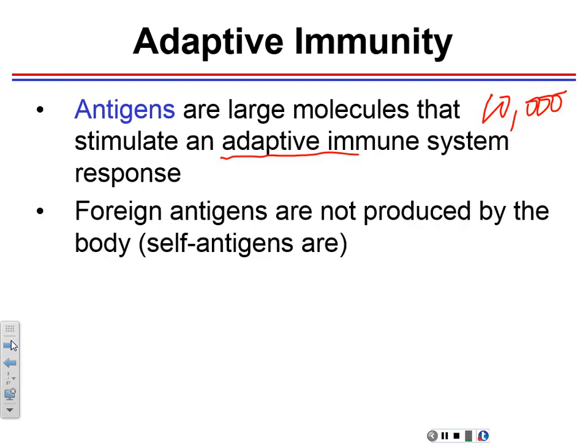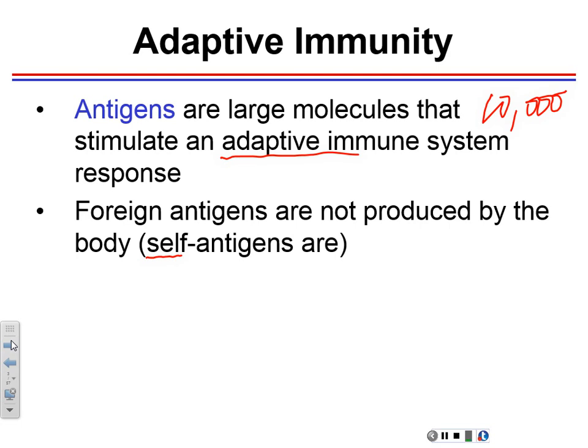All right, and so what the body does is we try to distinguish between self-antigens, because our body cells have antigens as well. Okay, and then the body has to distinguish between those two and also foreign antigens. Sometimes when something goes wrong with that process, you start to have immunological diseases, autoimmune disease, where you are attacking your own cells because you cannot distinguish your self antigens from foreign antigens.